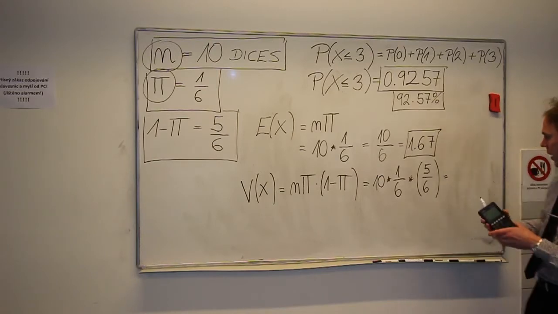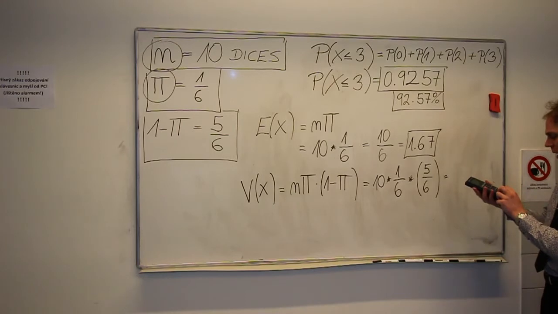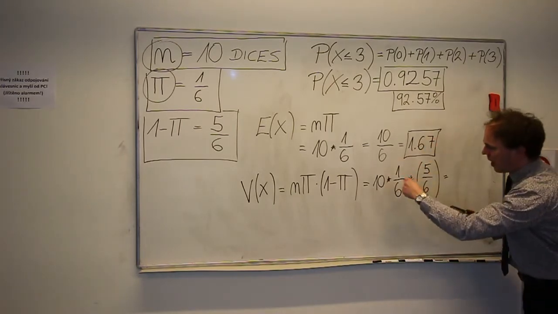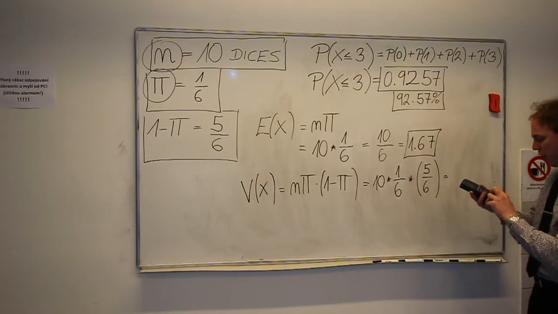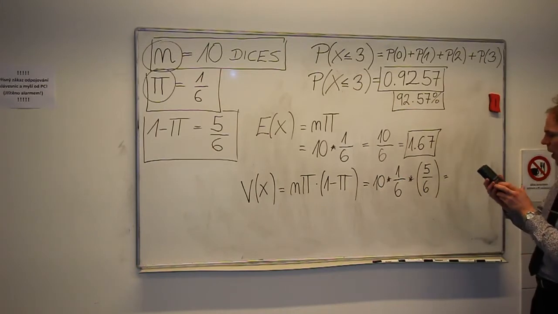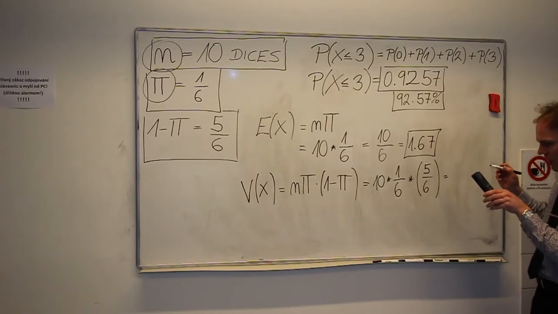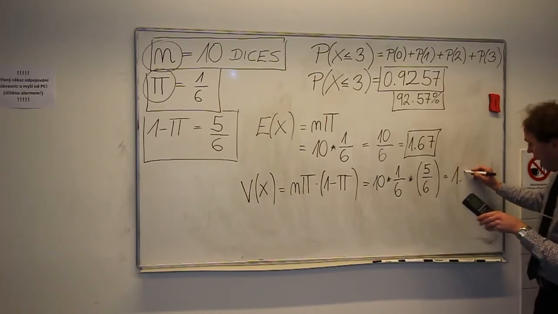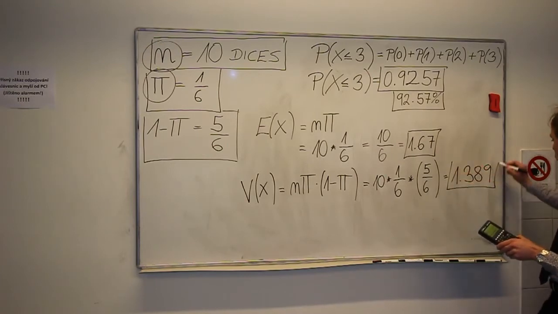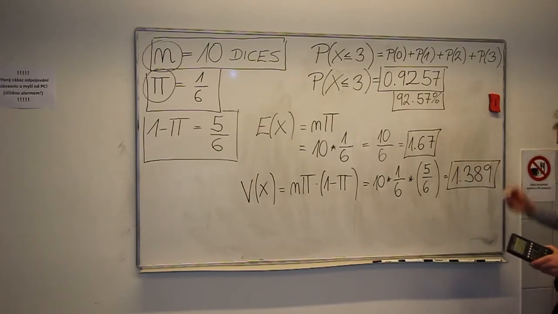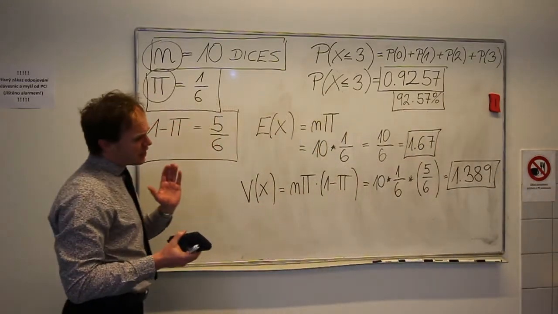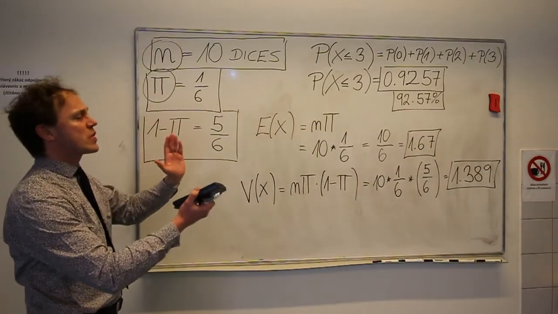So 10 divided by 6 times 5 divided by 6 is 1.389. This variance must be every time non-negative. It can be 0, but very often it's positive.